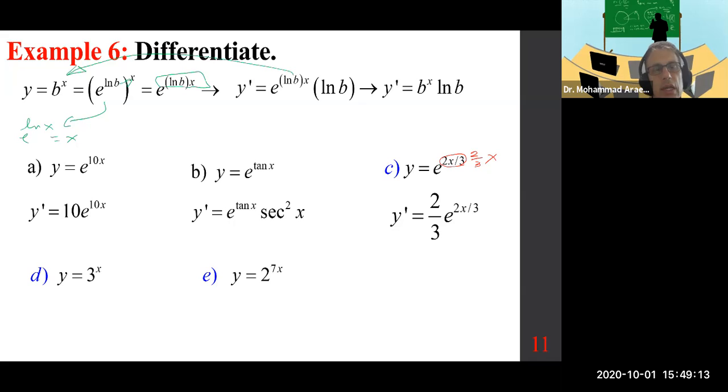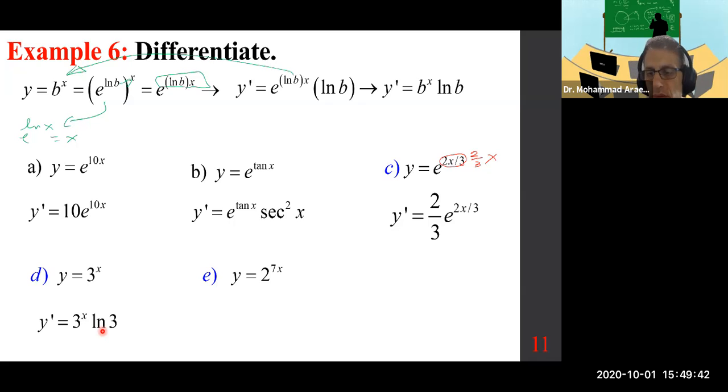We're going to do that in a moment, but for example, for 3 to the power of x, the answer is 3 to the power of x times ln 3. That's the idea. But what if it gets more complicated? So 3 to the power of x times ln 3. I hope it's clear to everybody.